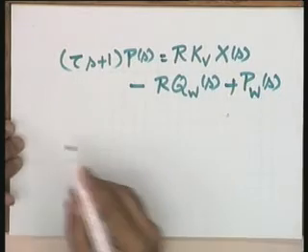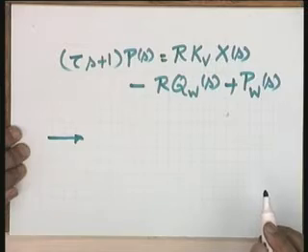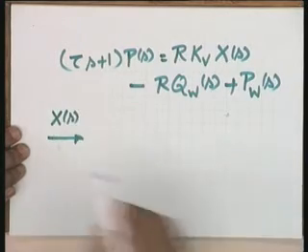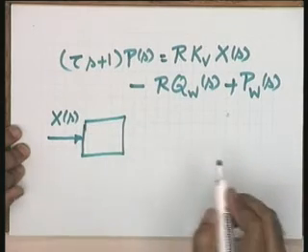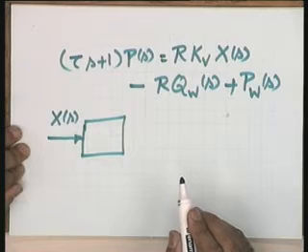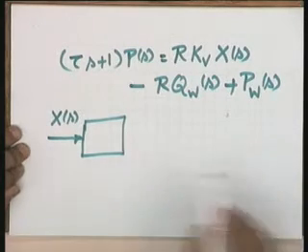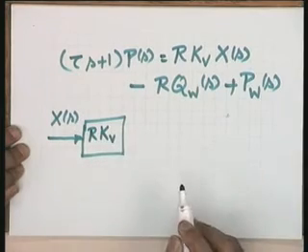R has been taken on the right hand side and I get this equation. Therefore, I can now get the mathematical model directly. Input variable, please help me. The input variable in this particular case is xs. Let me take the system gain here. Recall, the personality of a first order system is described by the system gain and the time constant. Let me put a system gain here which is rkv.